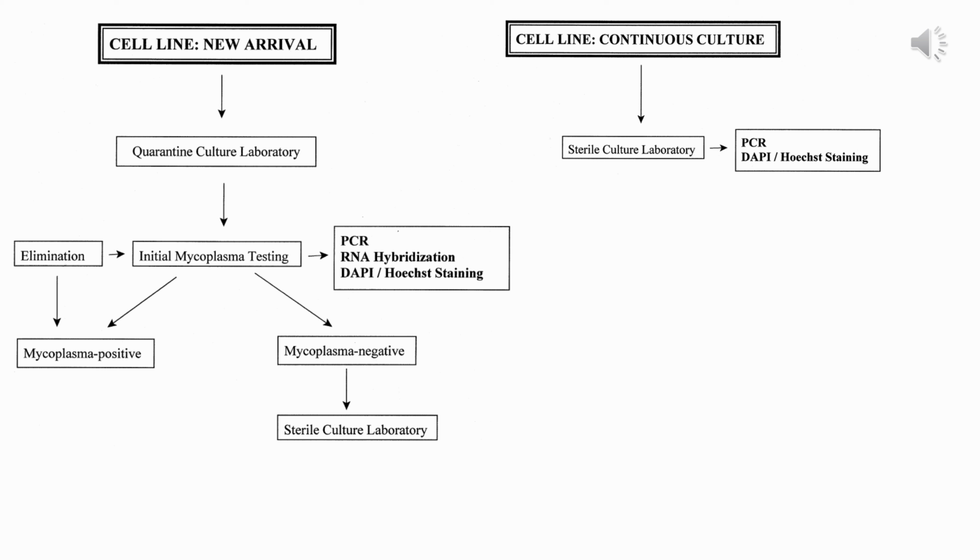A quicker method is real-time PCR, where you are using primers designed against the Mycoplasma 16S rRNA. And one can also do Hoechst staining. This is another typical method by which one can detect these colonies.